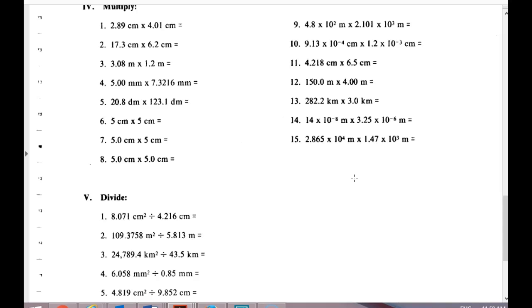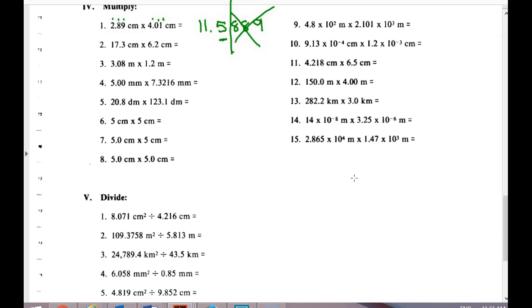For example, 2.89 has 3 sig figs, 4.01 has 3 sig figs. You've reported a number of 11.5889. You only get 3 sig figs in total. It's actually going to be 11.6.